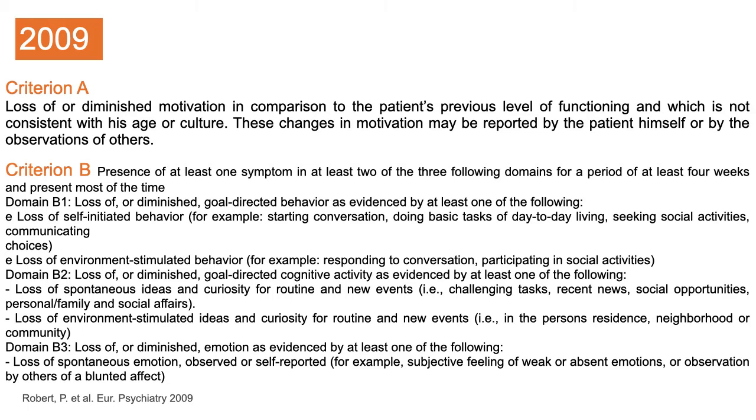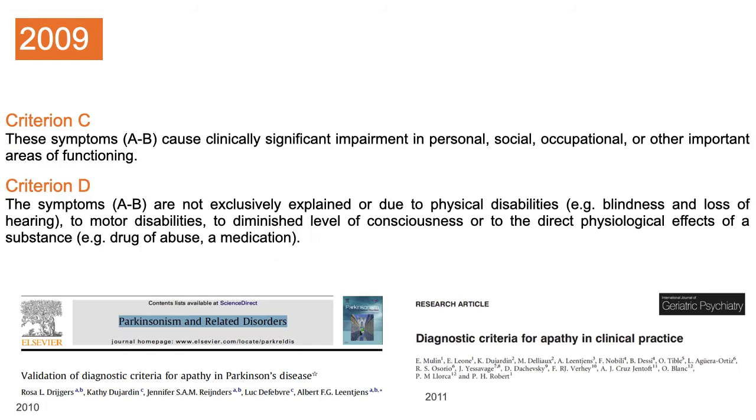One of the principal characteristics of these criteria was that change in the three clinical domains, behavior, cognition, and emotion, could be observed and measured by examining a patient's responsiveness to internal or external stimuli. This second proposal has been validated in several types of pathology and in clinical practice.